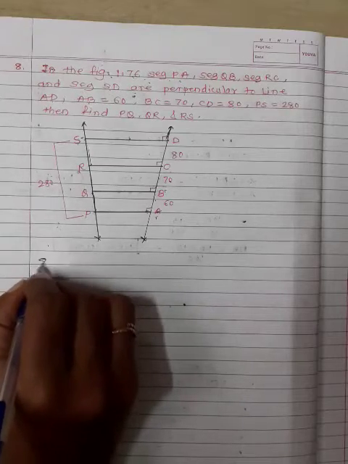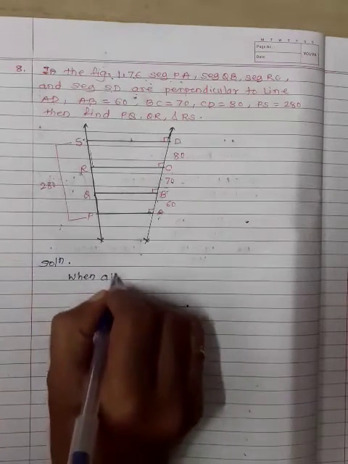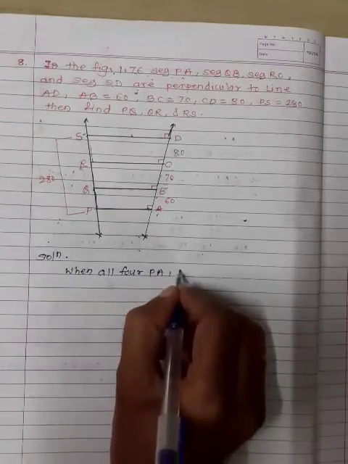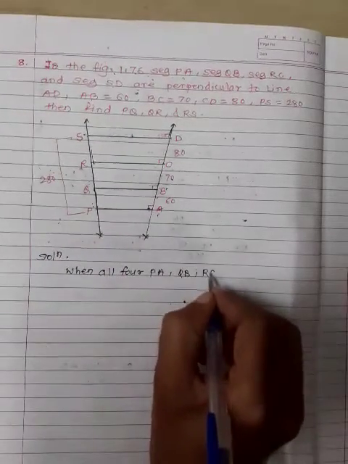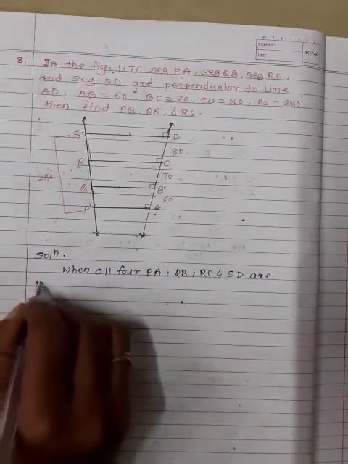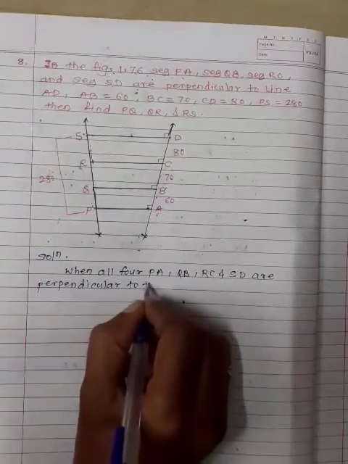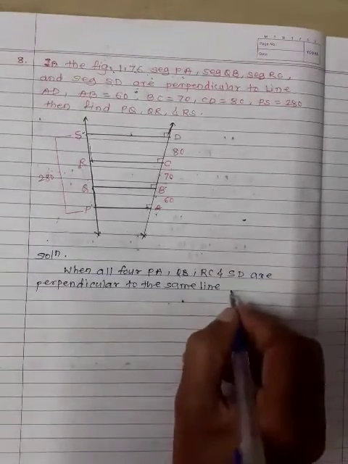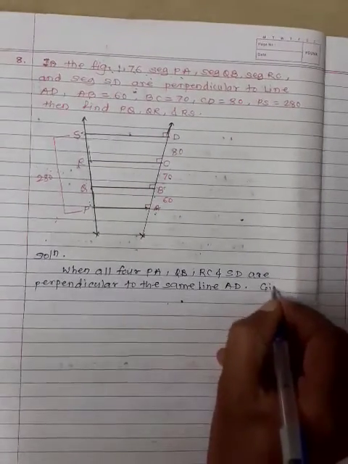Solution. All four, PA, QB, RC and SD, are perpendicular to the same line AD, as given.